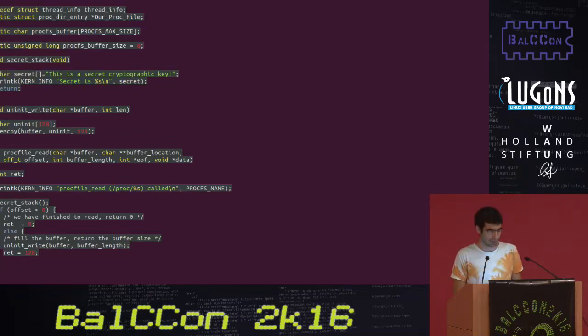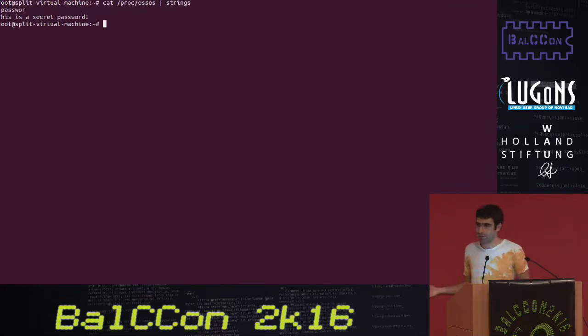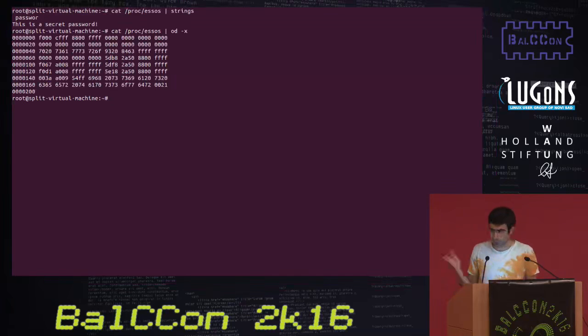So let's see how this works in practice. Let's maybe just look at the strings there. We see directly the secret password, as we had expected, because it's just leaking the kernel stack. We could also look at the dump, and we have 128 bytes and so on.